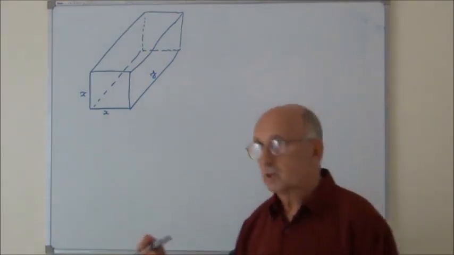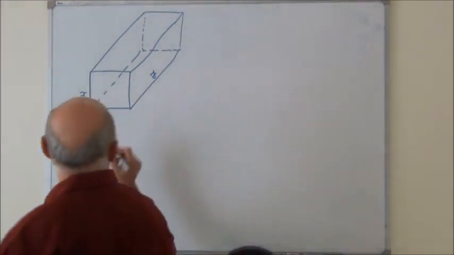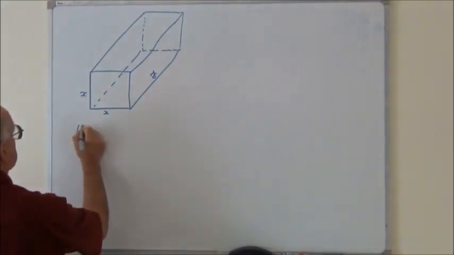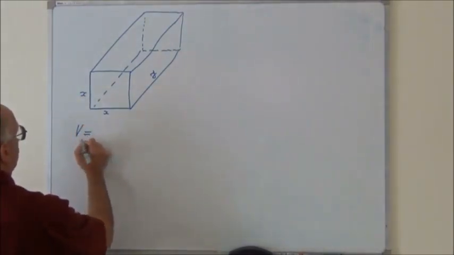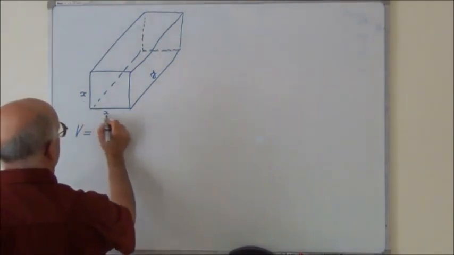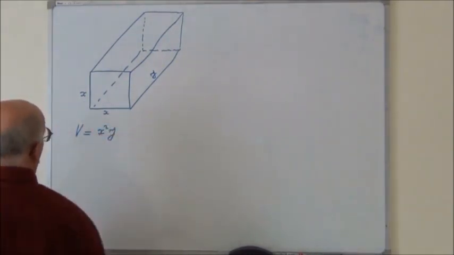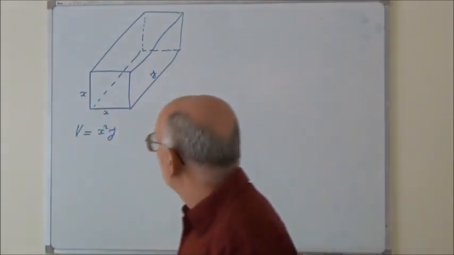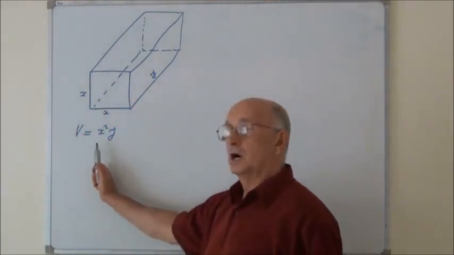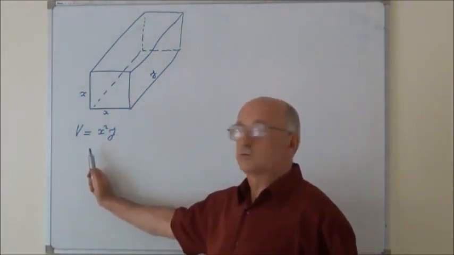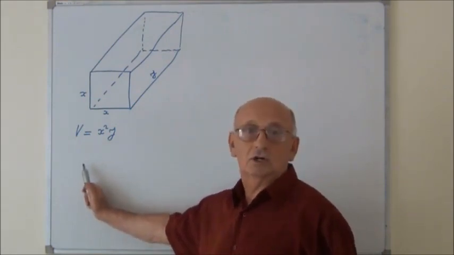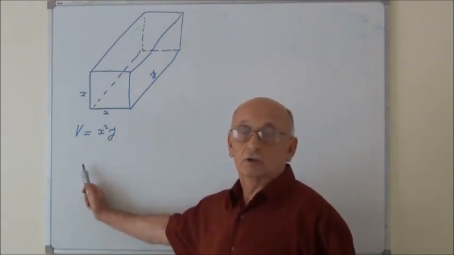The volume of this box is x times x, which is x squared, multiplied by y. So this is our major equation, and we have to find the stationary point for this function.